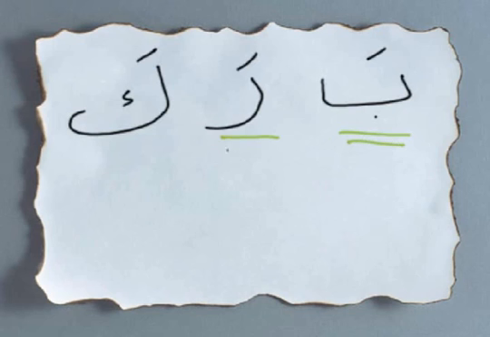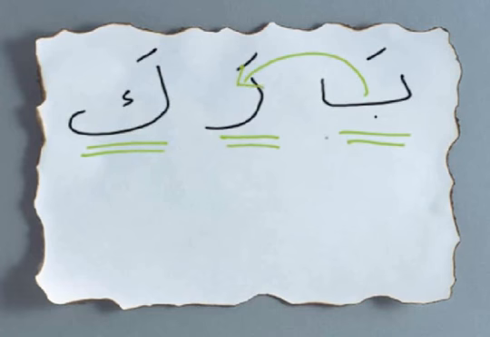Firstly, we're going to write our first word of the day, which is ba, fatha, ba, ra, fatha, ra, kaf, fatha, ka. So, you have ba, ra, say it with me, ra, ka, baraka.